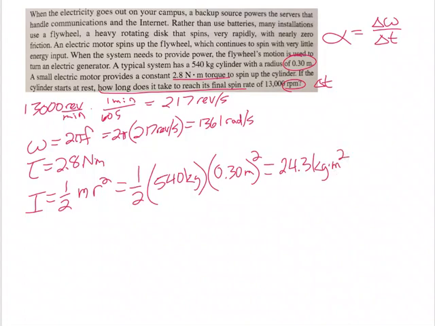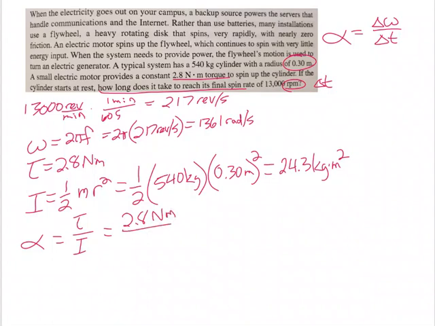Okay, so now we know the torque and we know the moment of inertia, so we can calculate angular acceleration, alpha, equals torque over moment of inertia. Torque was 2.8 Newton meters.